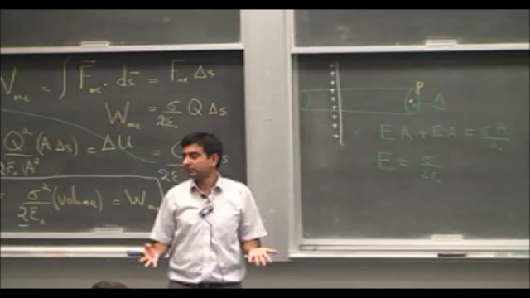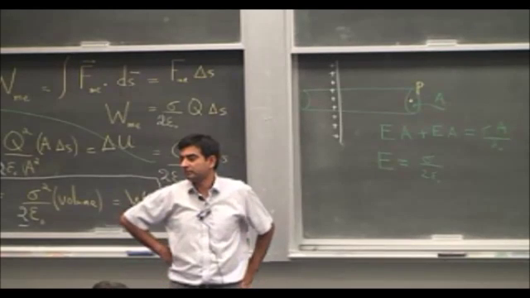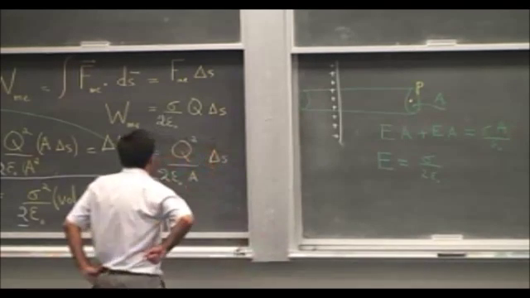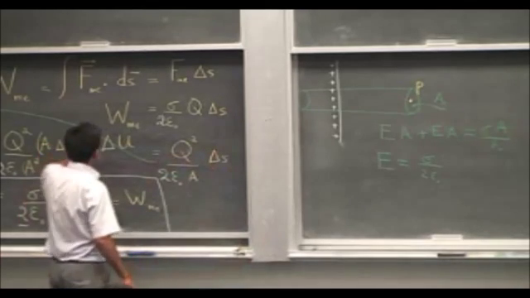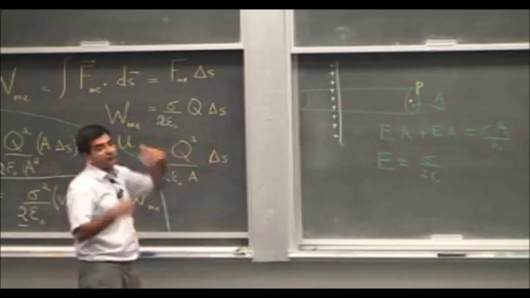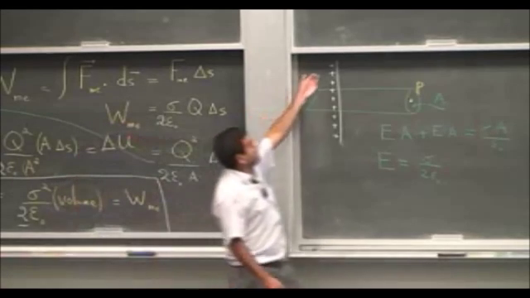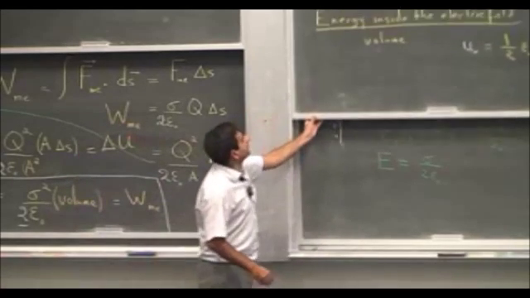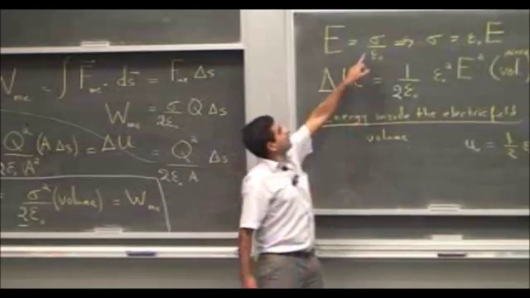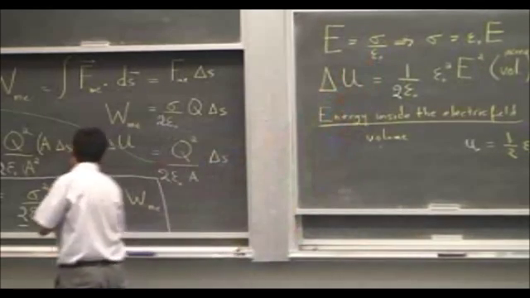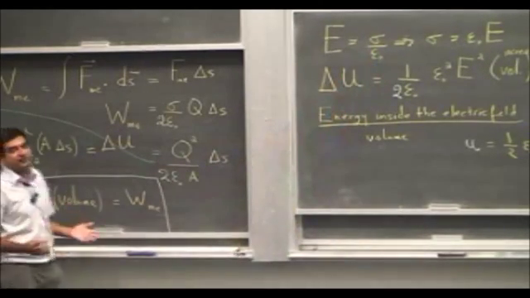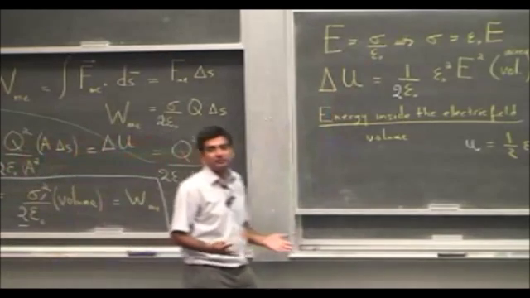Sir, how you went from sigma over epsilon naught to sigma over 2 epsilon naught? Alright. Now here we've used sigma over 2 epsilon naught. Okay, because this is the electric force. This appears in the electric force. Now what I've done here, I want to replace the sigma that appears here by the real electric field that's inside the capacitor.